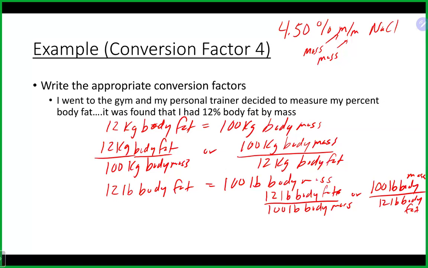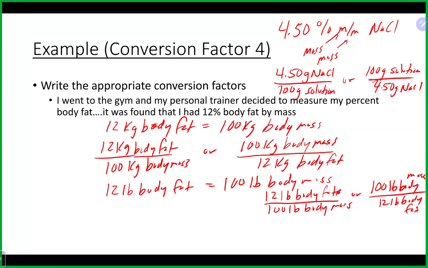If you want to convert this into a usable conversion factor, you could assume 100. And that would mean in this case, you would have 4.5 grams of sodium chloride in 100 grams of solution. Or in 100 grams of solution, it should contain about 4.5 grams of sodium chloride. So again, that's a very common thing that we'll see in a later chapter.